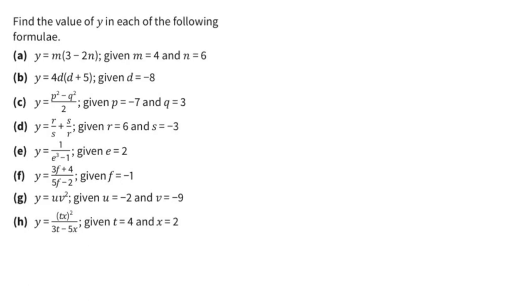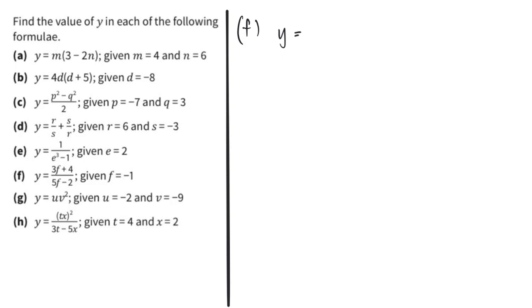Alright. For part F, now we are at part F already. So I'm going to just draw a line. So for part F, y is equal to, the value of f is given, negative 1.